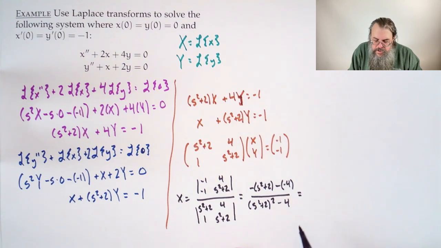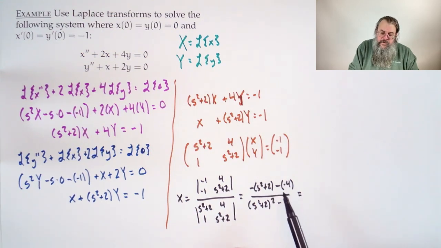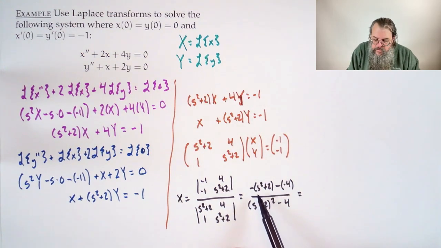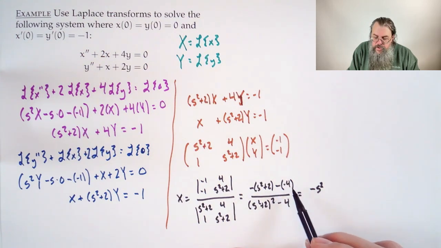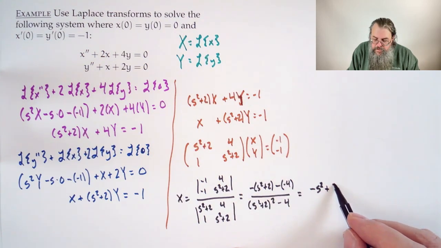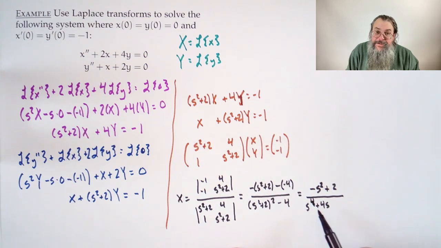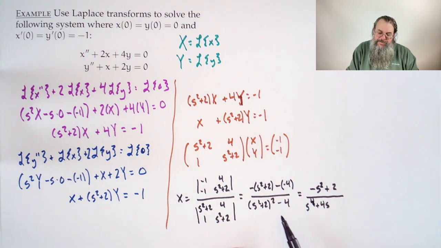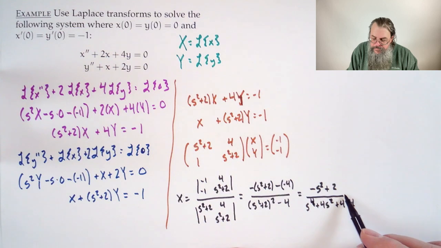So that becomes what? Well, we have upstairs, we'll have minus s squared, then minus 2 plus 4 makes it a plus 2. And downstairs, well, we'll get s to the fourth plus 4s squared plus 4 minus 4.